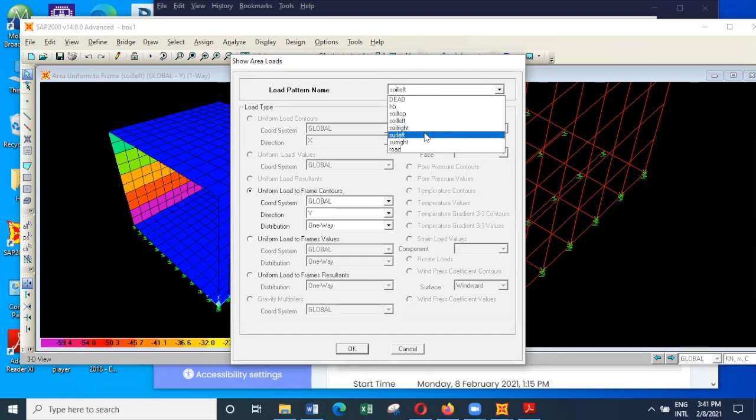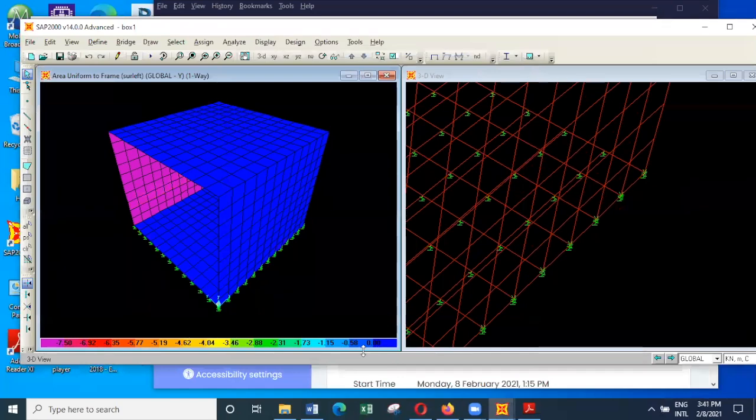And then you get surcharge left. And surcharge is a constant value, and that is considered as surcharge.